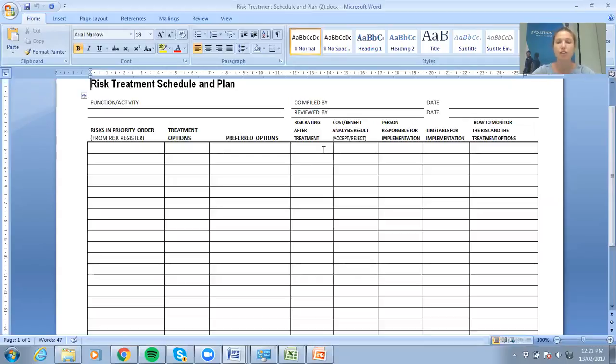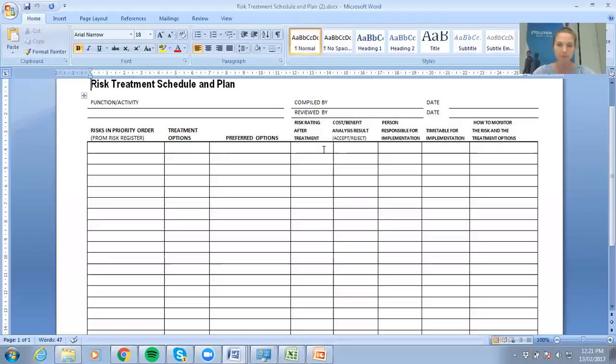Could you accept it because it's going to ensure that the event moves forward with minimal risks associated, or would you reject it because it would just not be financially possible for the organisation to put such treatment involved?